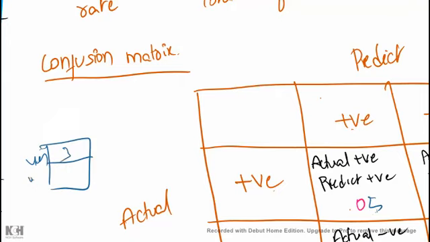So you can create only this last column if you have the actual data with you. When you have the predicted data, only then can you create the matrix. Is that clear?